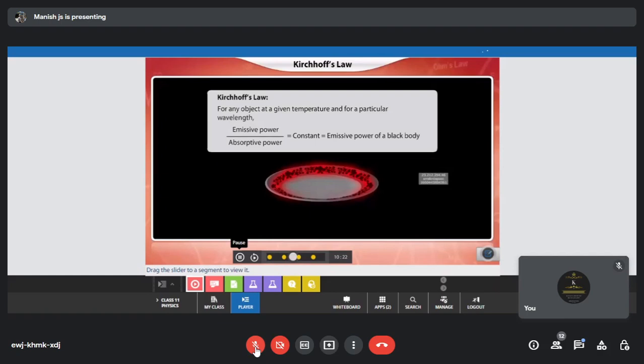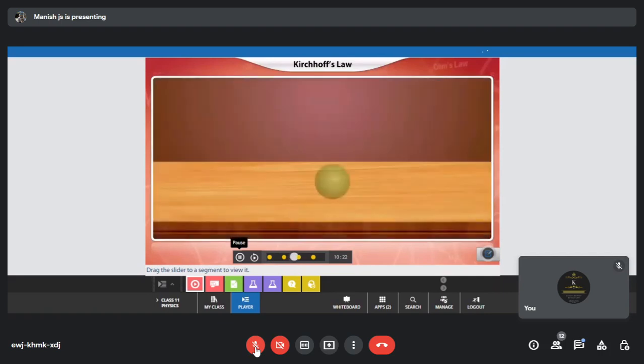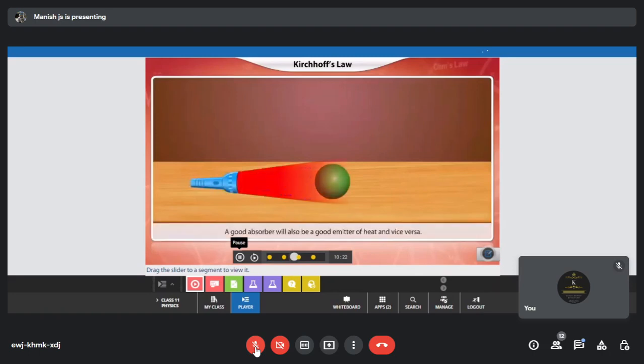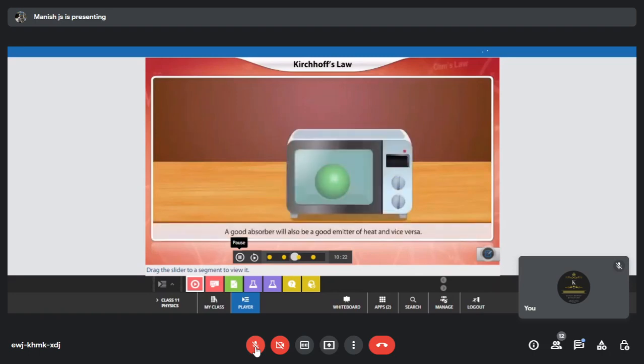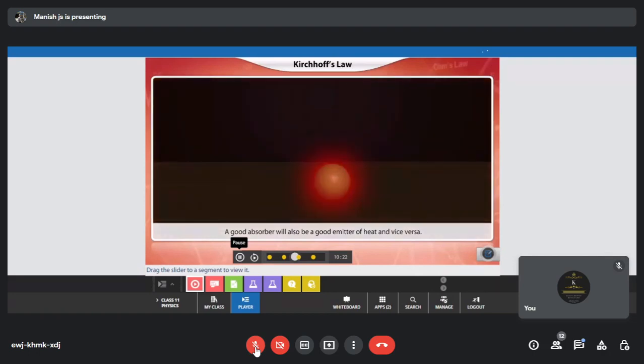So, if a body has high emissive power, it will also have high absorptive power since their ratio is constant. This means a good absorber will also be a good emitter of heat and vice versa. So, a body which is a very good absorber is also a very good emitter of heat.